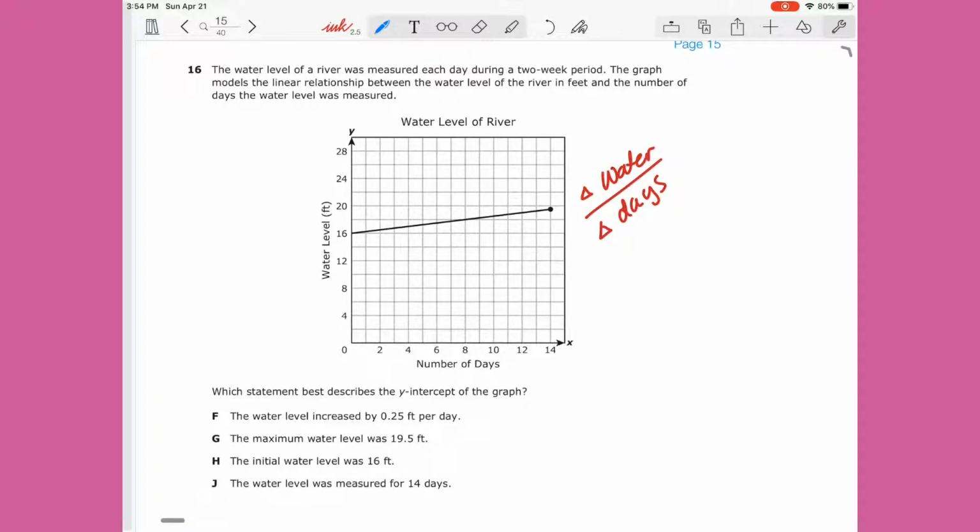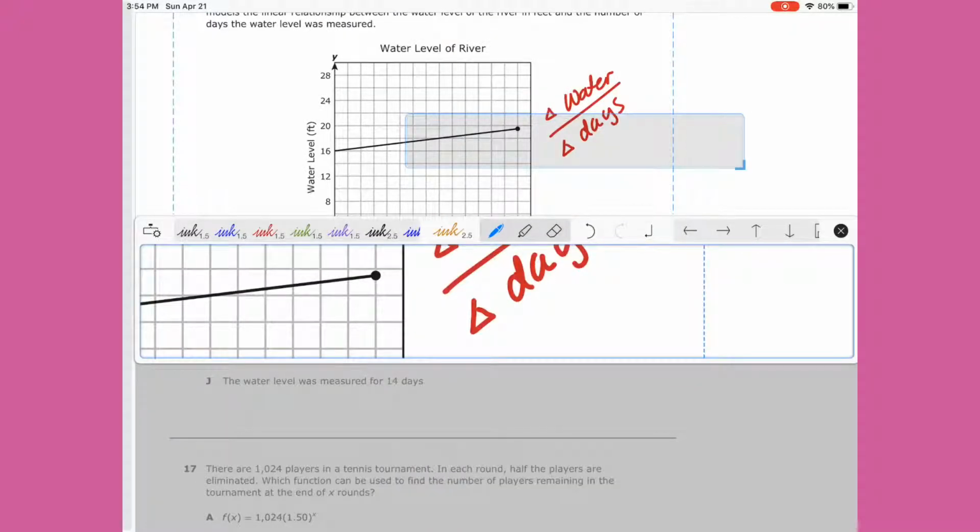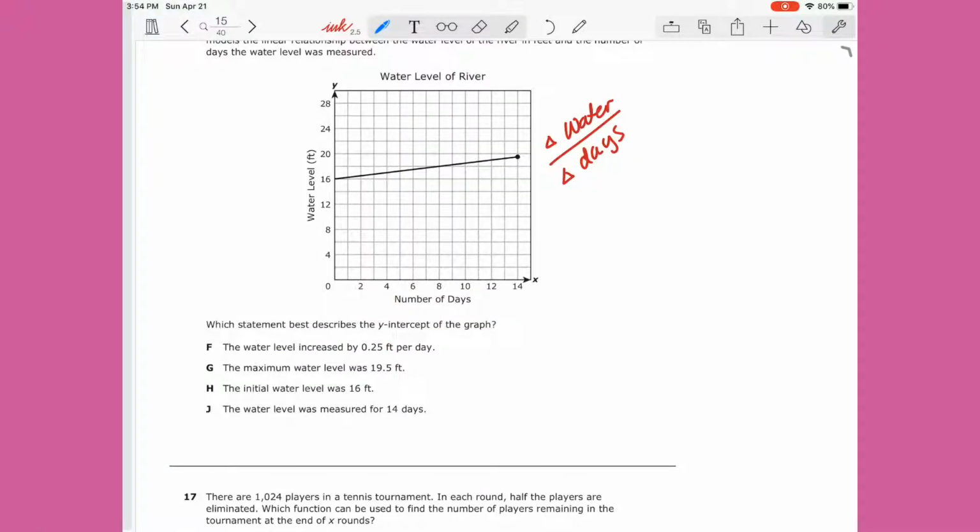Okay, so if I pick this day right here, this is a perfect day. So that would be, let's see, 16, these are going up by, I believe 4 units.